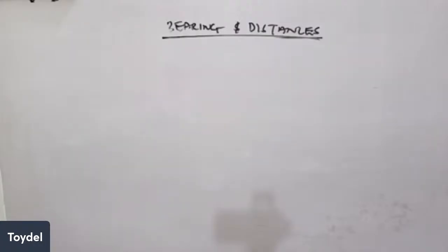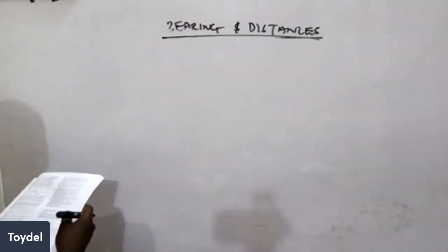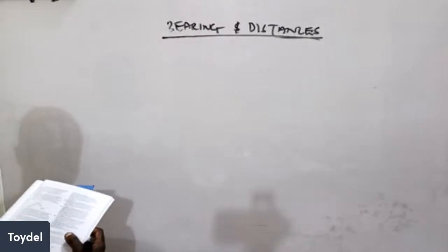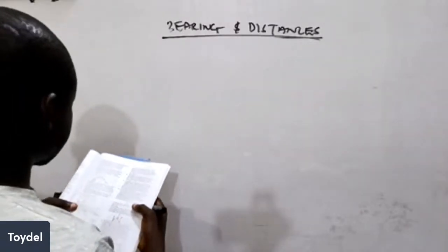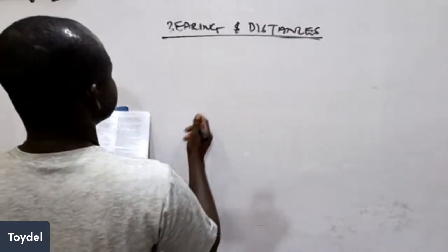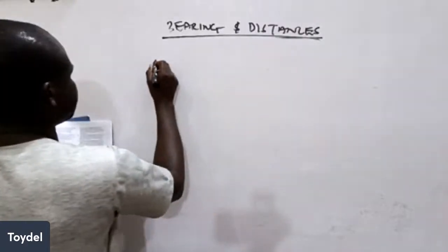Let me start with this question. The diagram shows the position of three points X, Y, and Z on a horizontal plane. I'm going to sketch the diagram on the board.